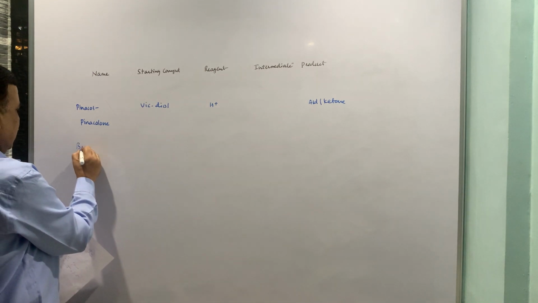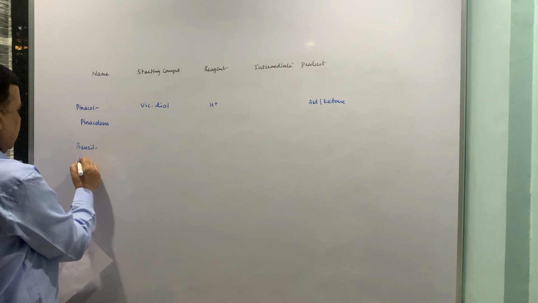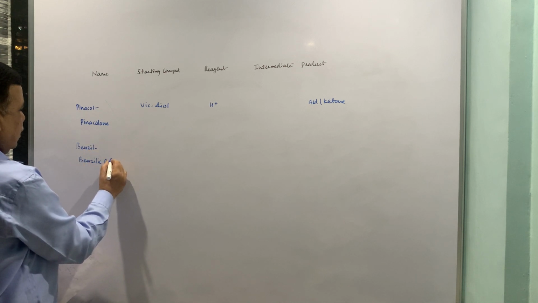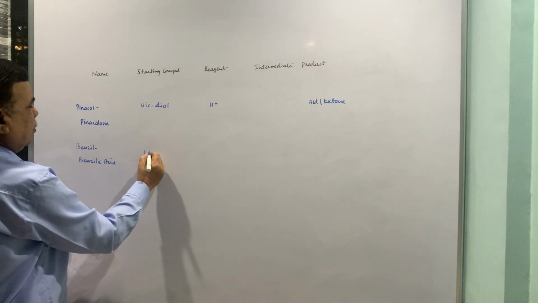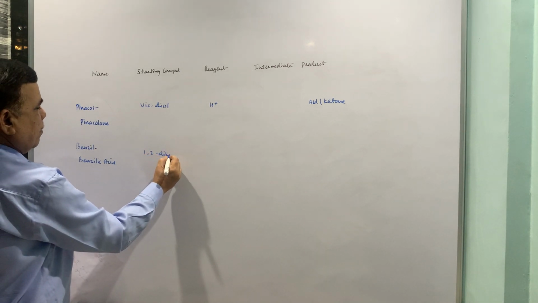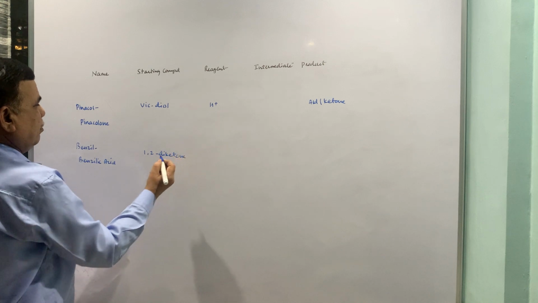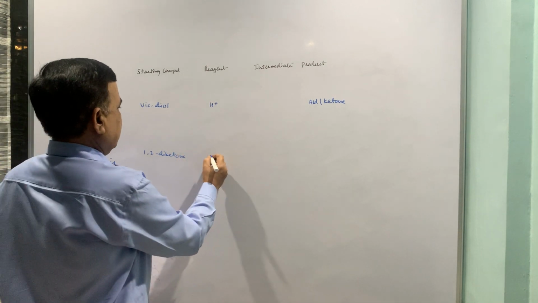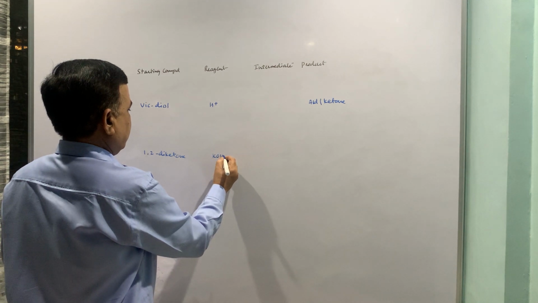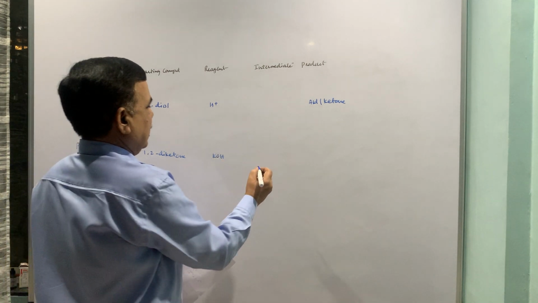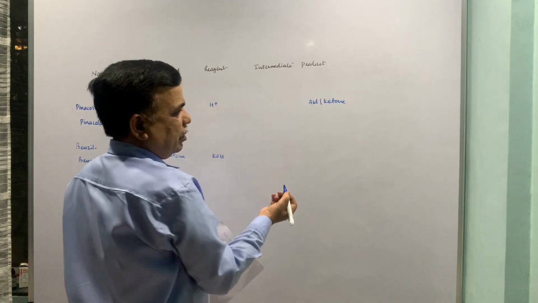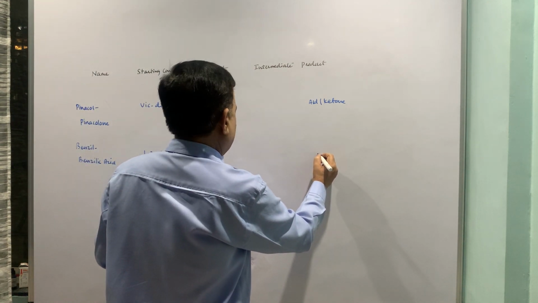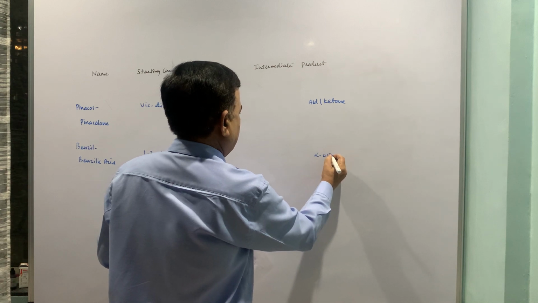Then benzilic acid rearrangement, 1,2-diketone. Now that 1,2-diketone can be anything, not necessarily benzil. Reagent KOH or NaOH. Intermediate, you remember or you don't remember, no problem, and here it is alpha hydroxy acid.